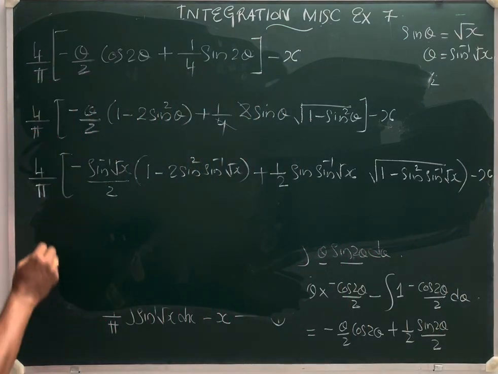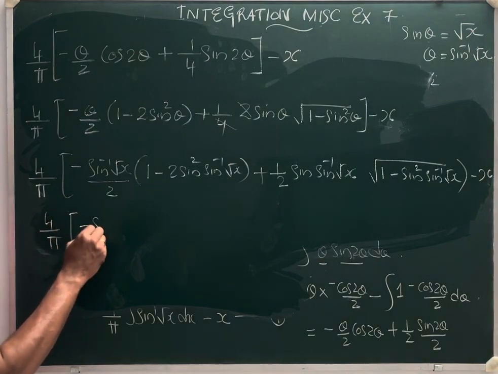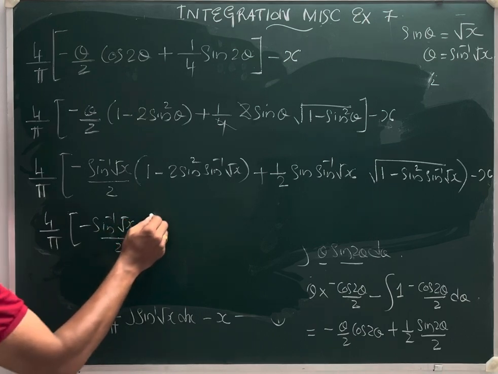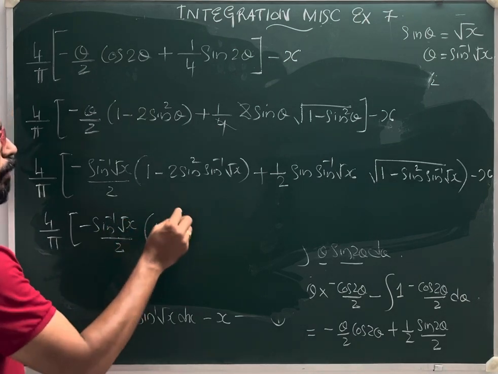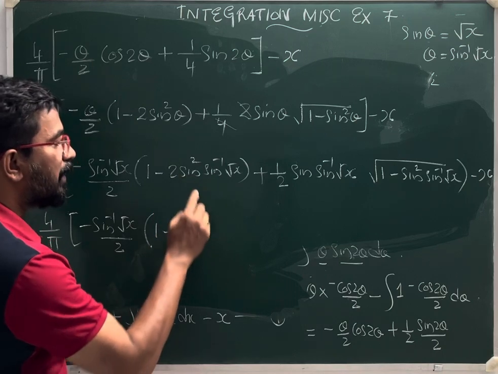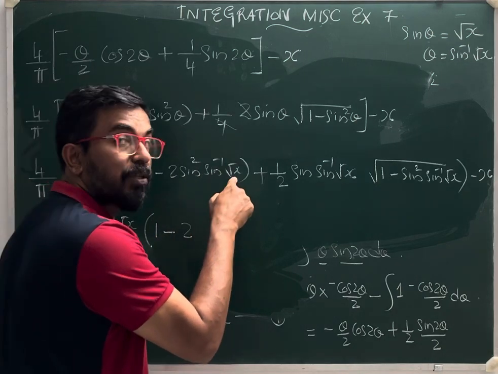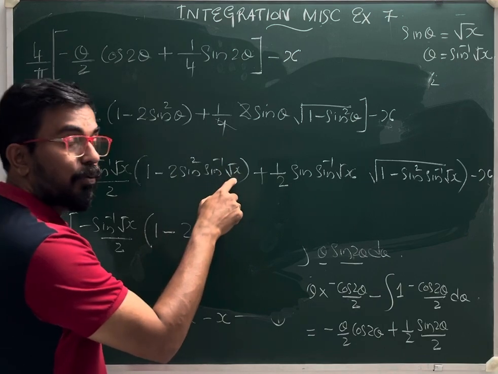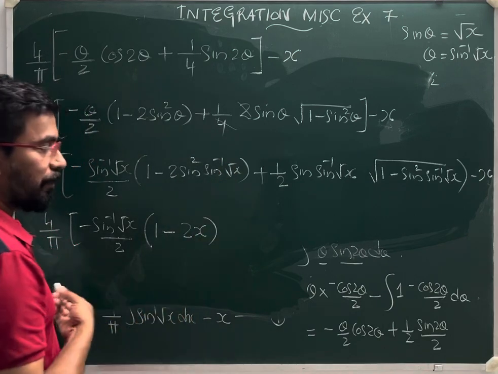Now, you see, this I will write as (4/π − sin⁻¹√x/2) times (1 − 2 sin(sin⁻¹√x)) squared. Sin of sin⁻¹√x is √x, and since the square is there, you will get 2 times √x into √x, so it will become 2x.